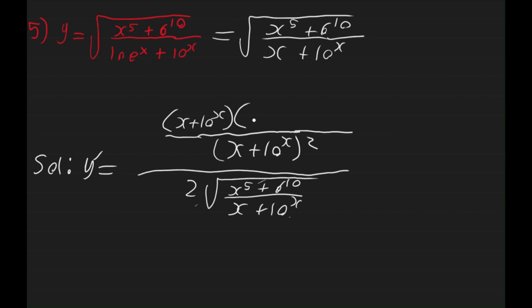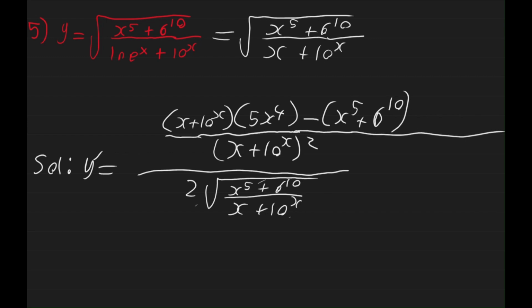What is it? The derivative of x power 5 is 5 x power 4, plus 6 power 10, which is just a number, you don't have to write it, it's 0. Minus the numerator, which is x power 5 plus 6 power 10, multiplied by the derivative of the denominator.